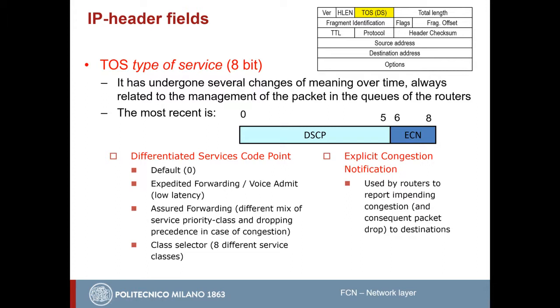So in this case, with expedited forwarding, it is expected that the router will treat this packet in a prioritized way, letting it overcome other packets that are in the queue.